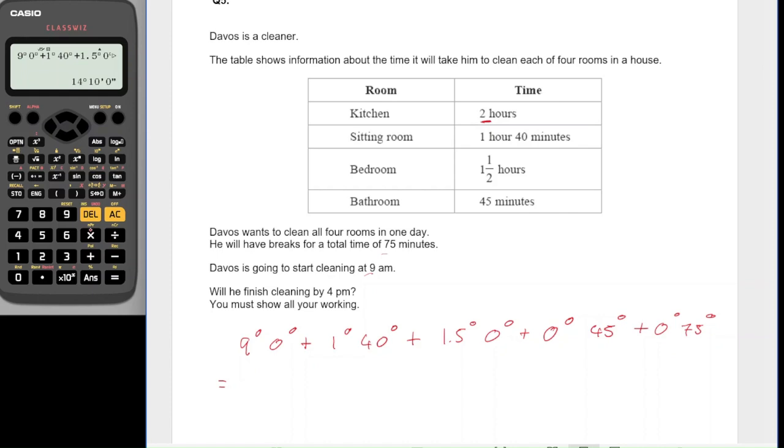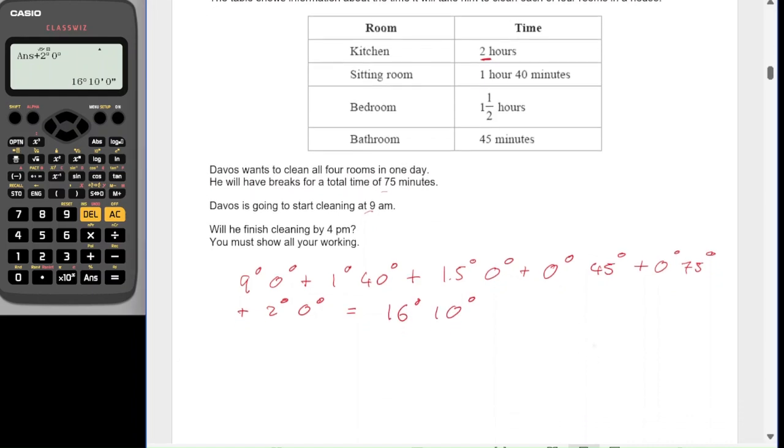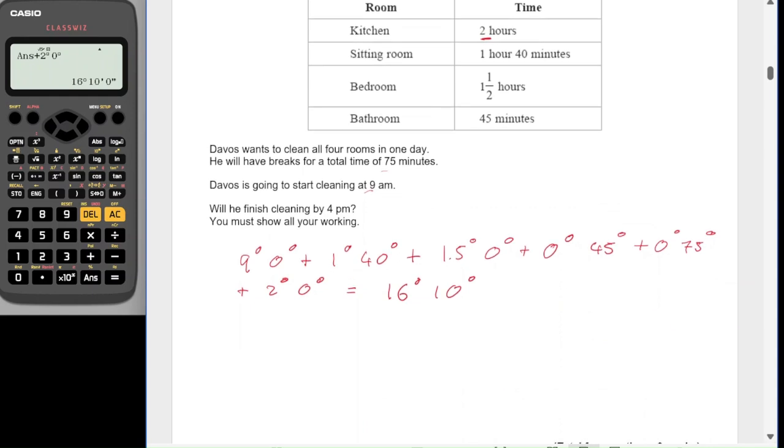So I should have done this. To that time, I need to add on a further 2 hours and 0 minutes. So that tells us that he would finish at 16 hours and 10 minutes. So will he finish cleaning at 4 o'clock?